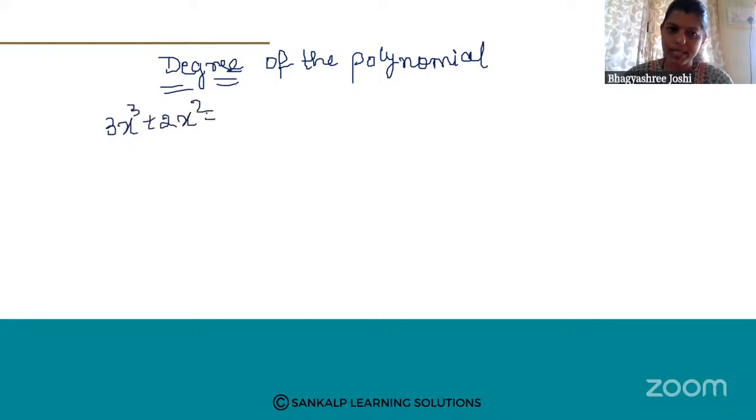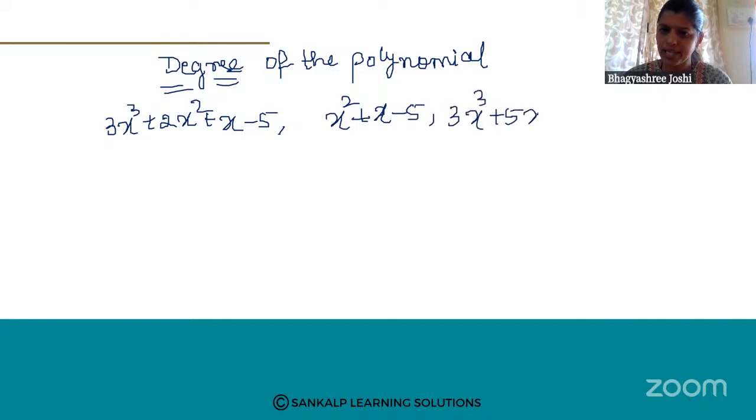Yes, degree of the polynomial. Yes, this is very important. See, if I write 3x cube plus 2x square plus x plus 5, x square plus x minus 5, 3x cube plus 5x raised to 4, plus 4x square plus x minus 1.